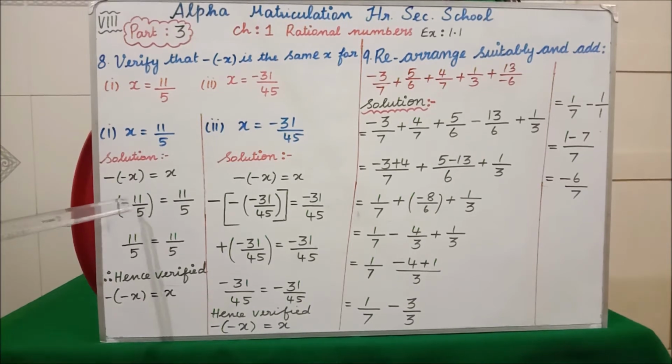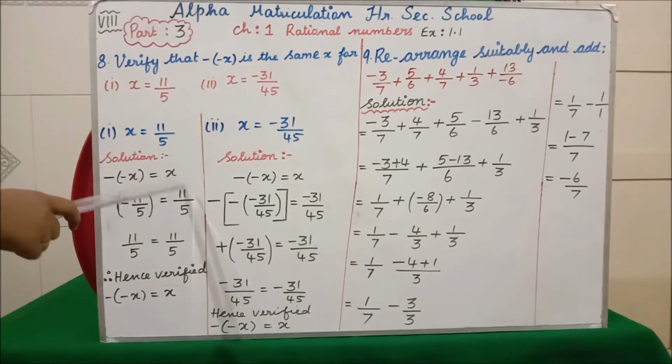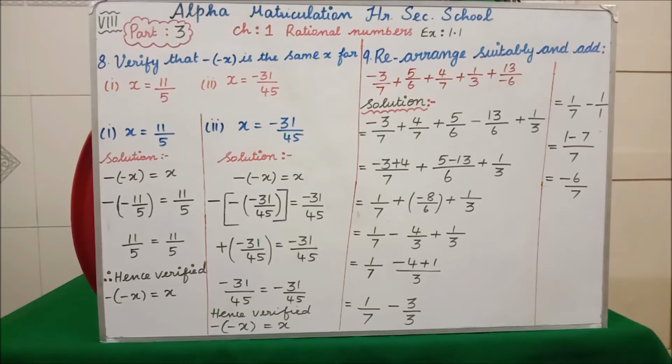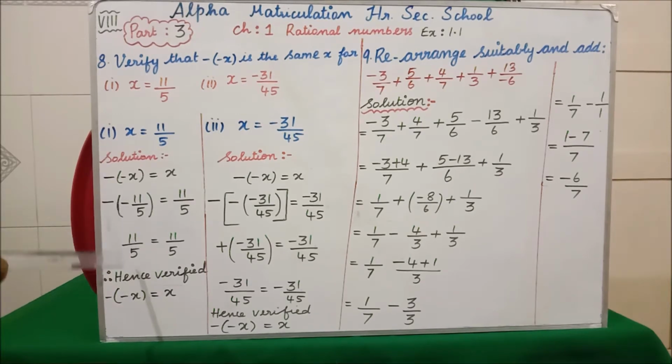So I have written 11 by 5 here, equal to x. Again, the x value in the question they have given is 11 by 5. Students, next step, if you see, minus into minus is what? We all know minus into minus is plus. So both the minuses have now become plus. So I have written 11 by 5 as such. Okay, no sign means it is understood that plus is there.